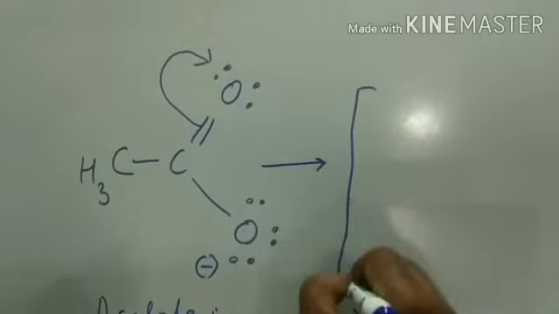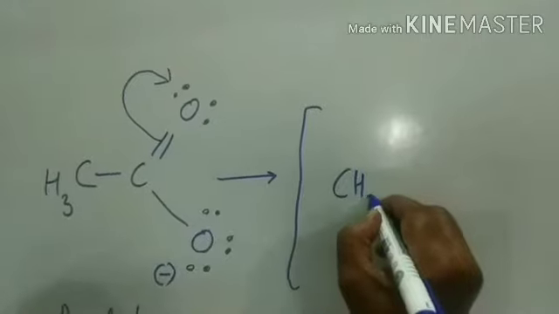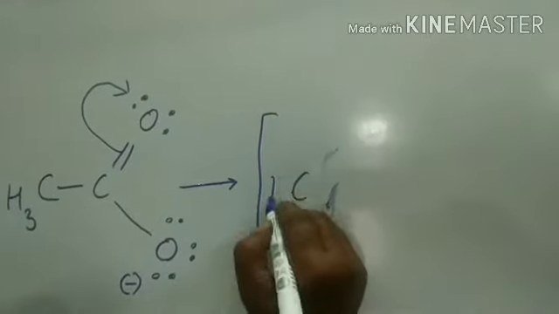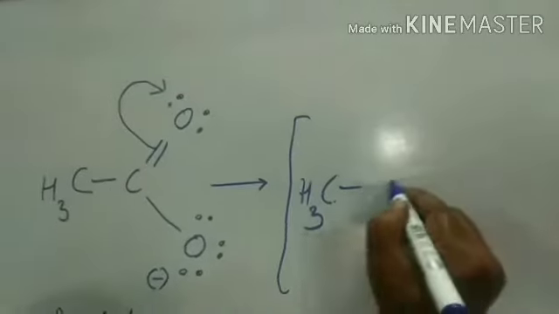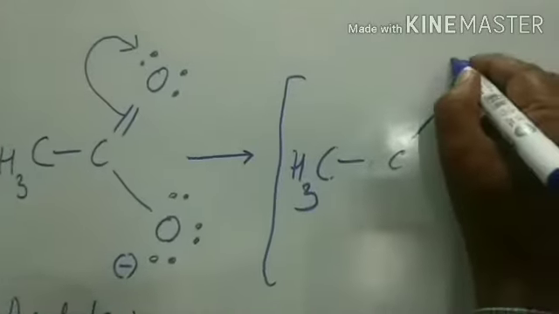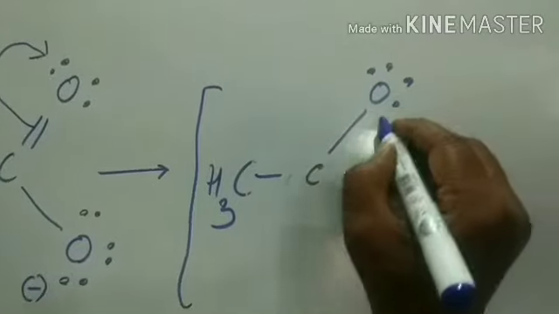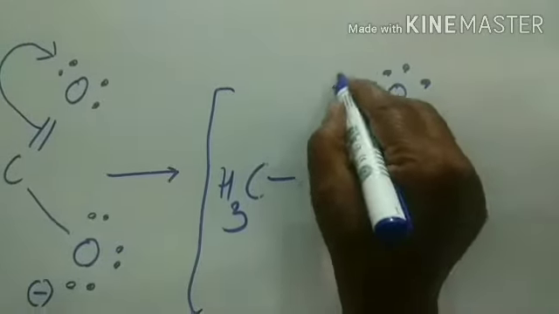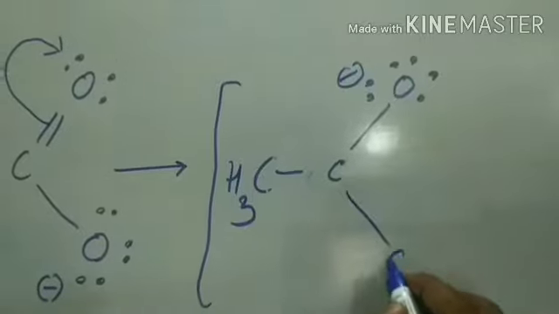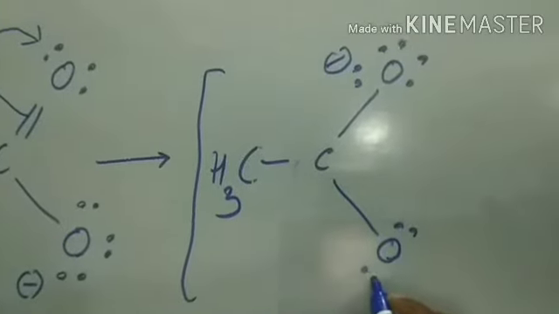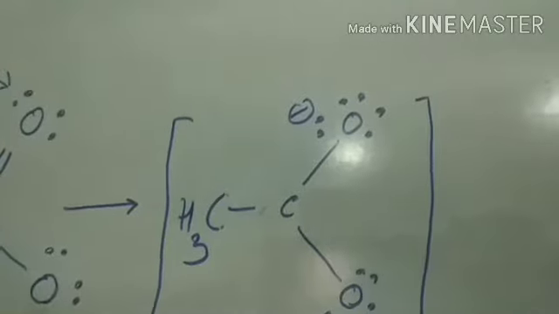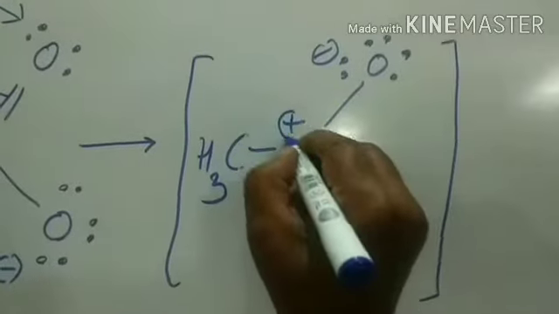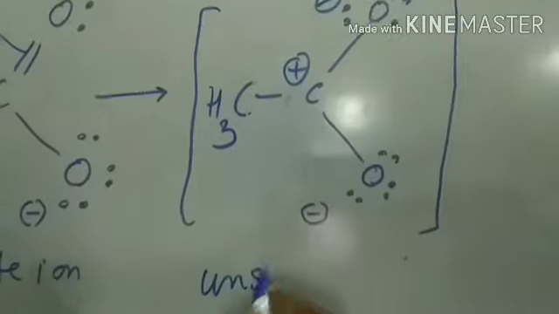So you see like this, CH3. This is the acetate ion. It carries a double negative charge. This is an unstable structure.